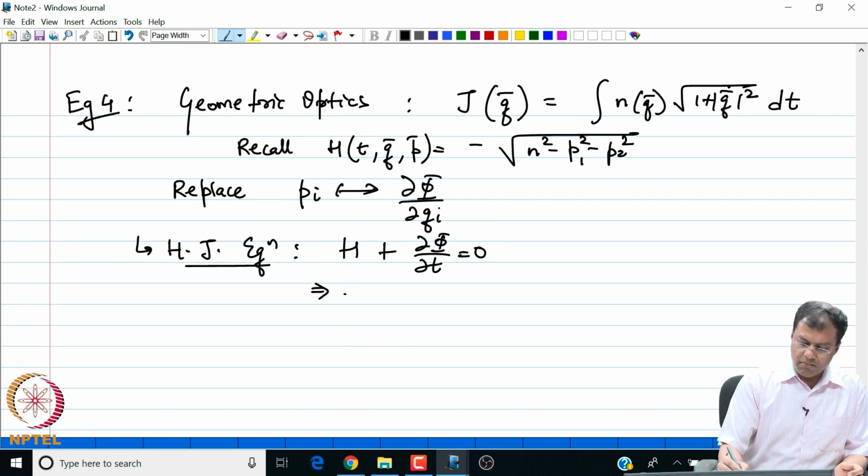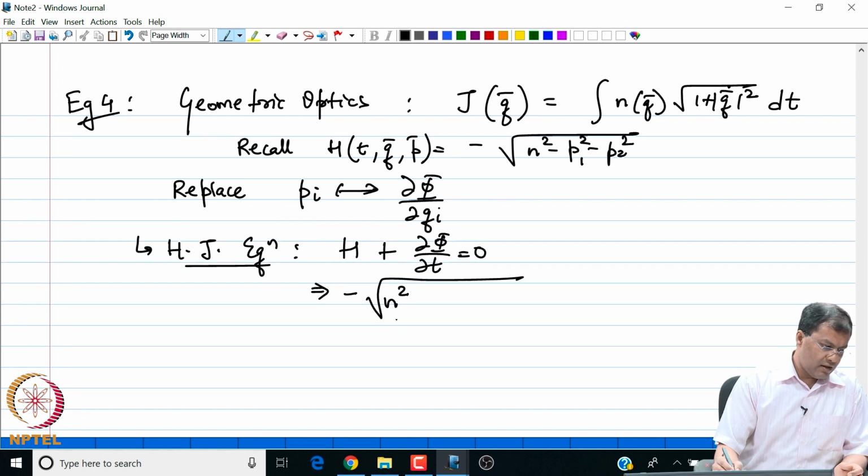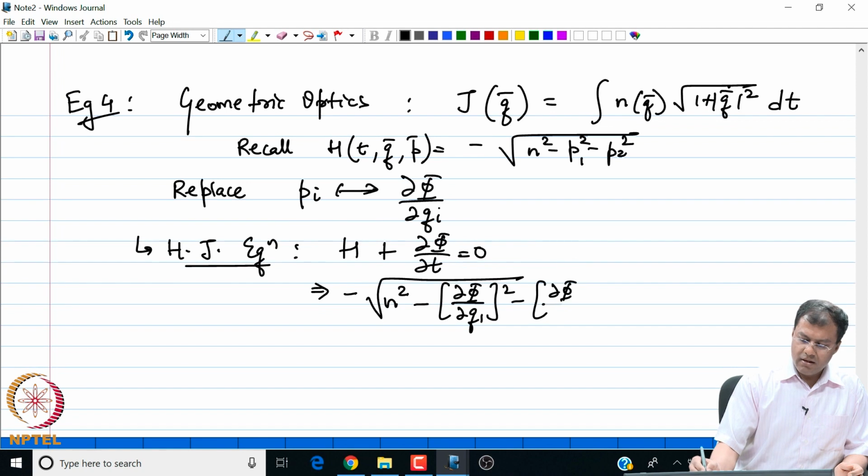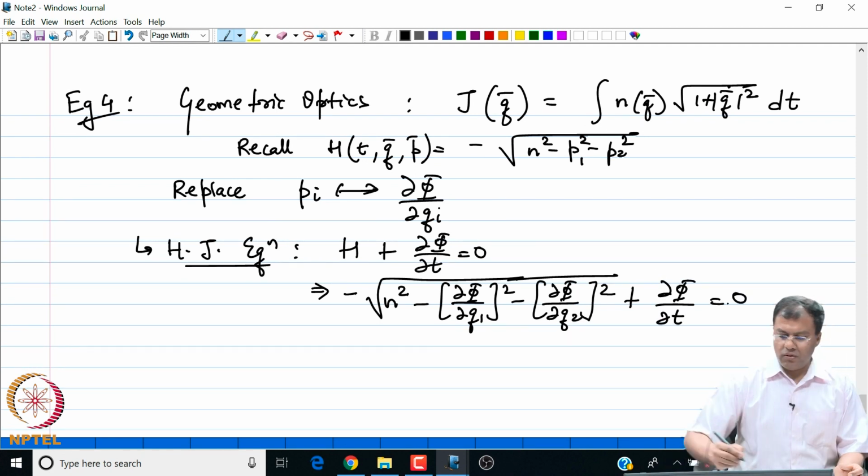So I get minus n squared, where n itself is a function of q, minus partial phi partial q1 squared minus partial phi partial q2 squared, plus partial phi partial t, equal to 0.